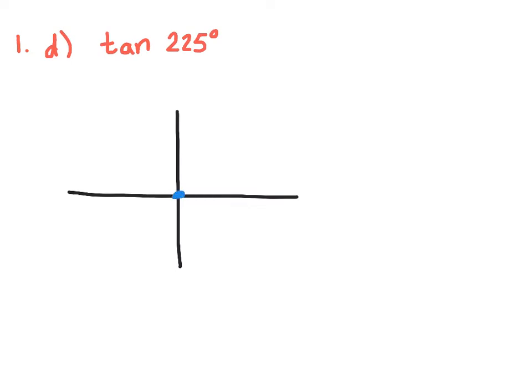Remember that our terminal arm always starts at angle 0, right? And to open up to 225, remember this is 90 degrees, this is 180 degrees here, this is 270 there, and up to this point, one full rotation would be 360 degrees. Now we know that 225 is somewhere in here.